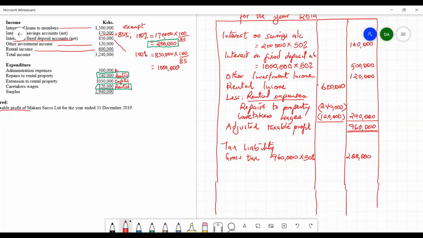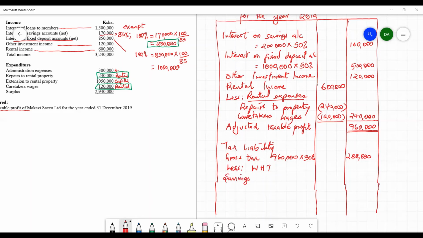This SACCO had some withholding tax collected on interest on savings account and interest on fixed deposit account. So less withholding tax, starting with withholding tax on savings account.